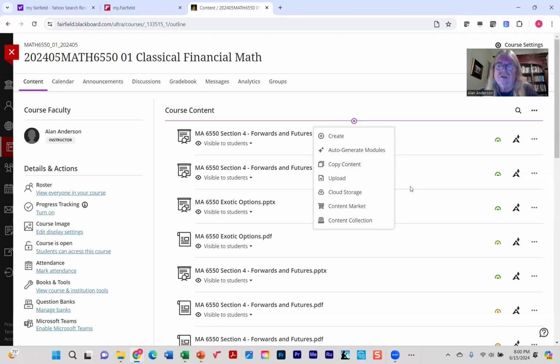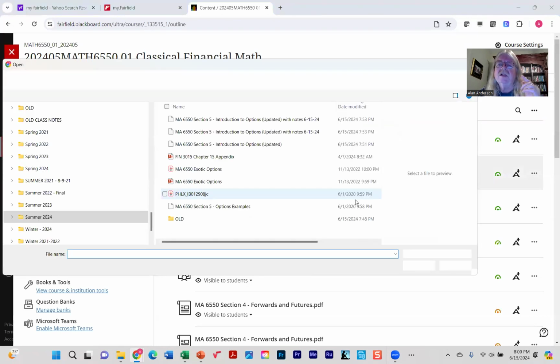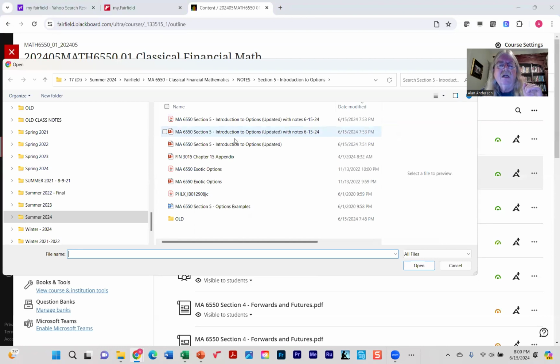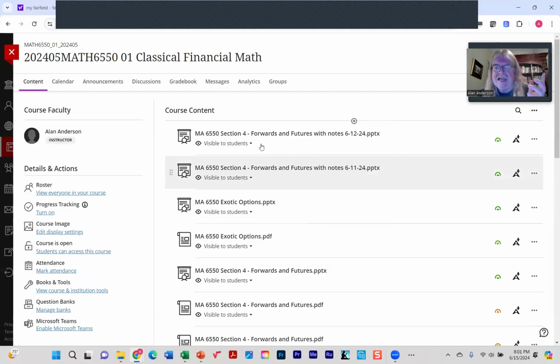There's a lot of interesting theoretical results in what used to be called the appendix, but there really isn't enough time to go through all of them unless you want to read them on your own. But what we're going to cover is in the file that I'm now calling Introduction to Options Updated. Now it's here.